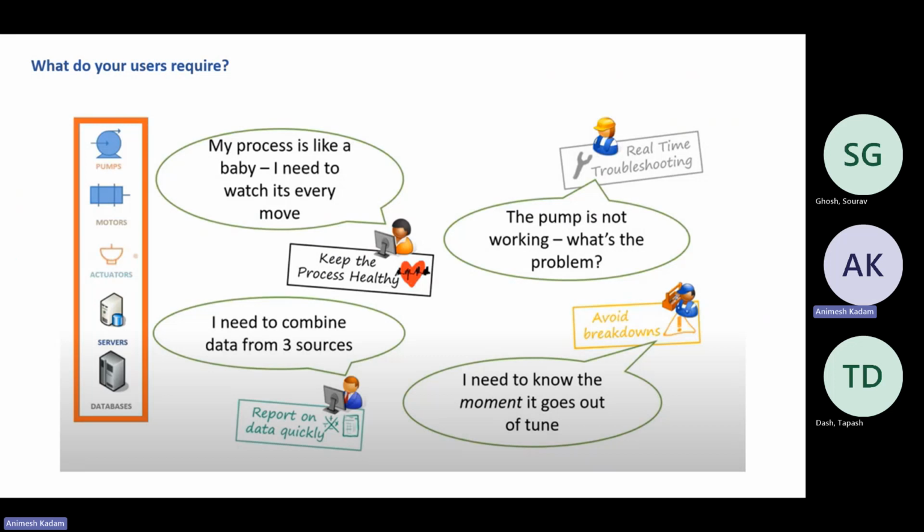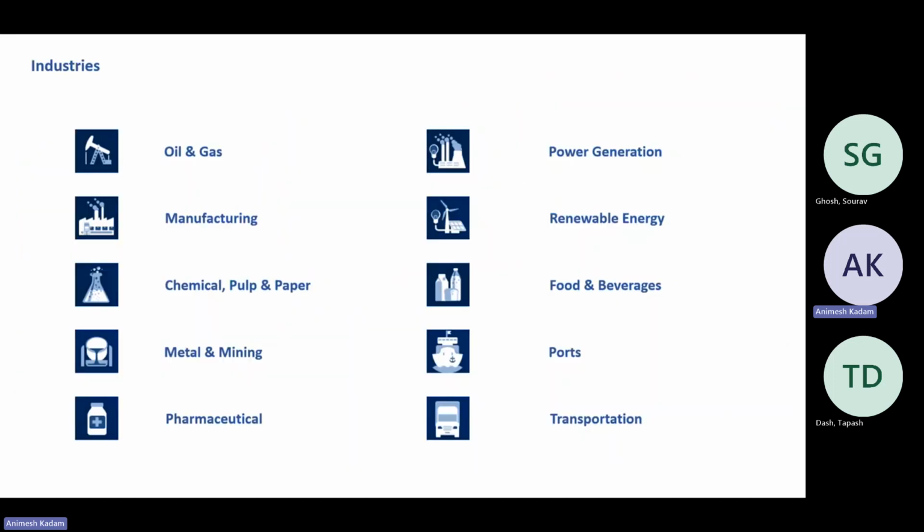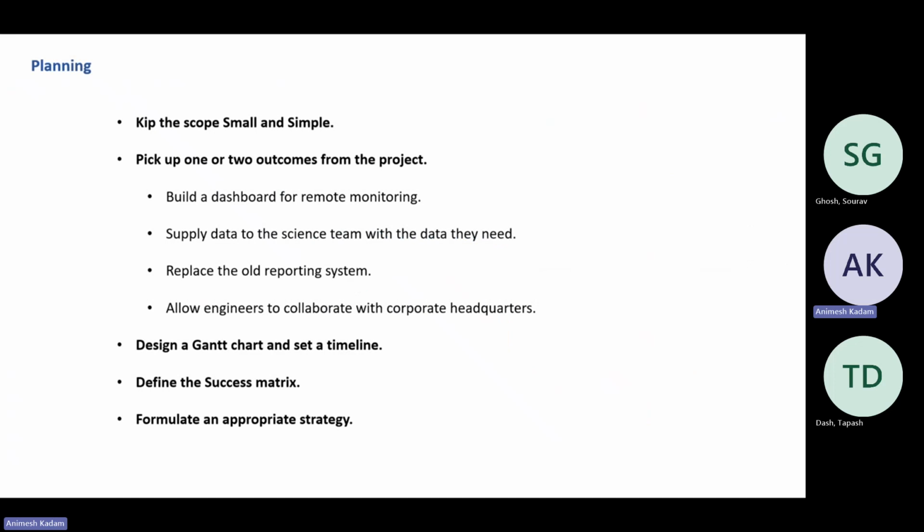We will be dealing with everyone from the operator to the CXO level. Everyone has their own requirements and suggestions, so you really need to do good planning for any kind of implementation.